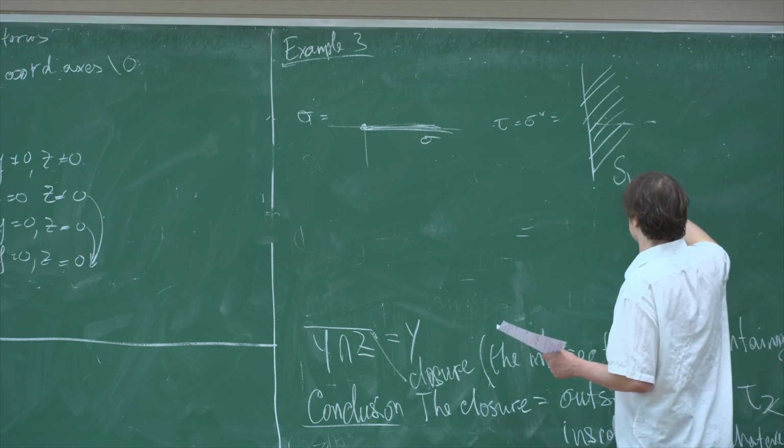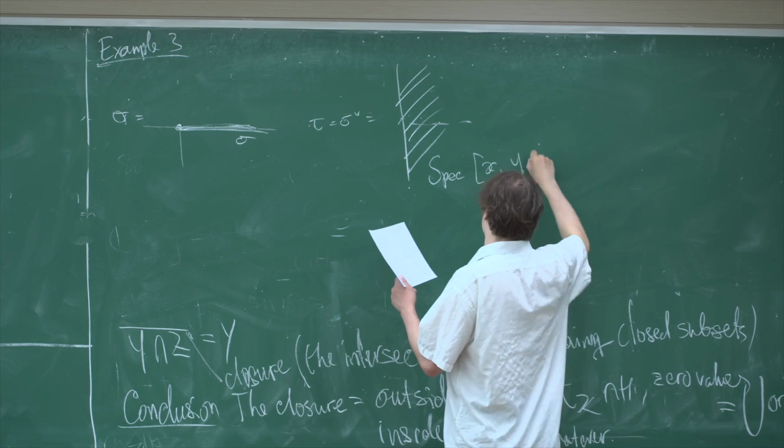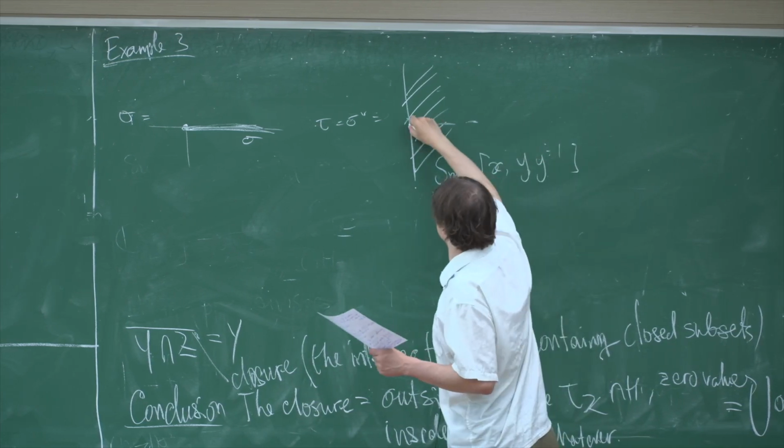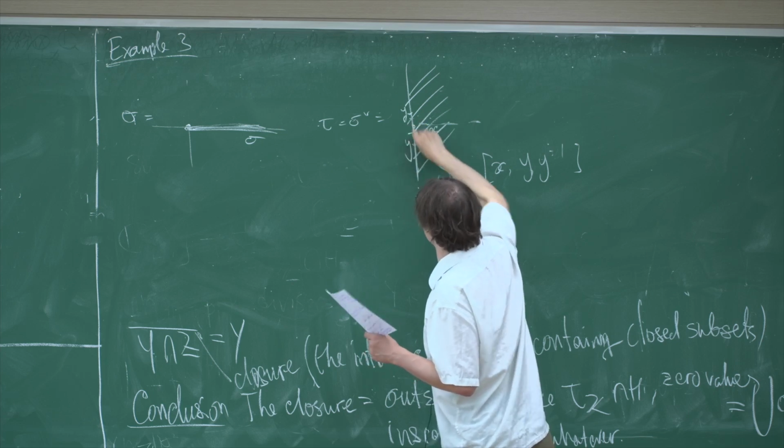So the variety is the spectrum of x, y, and y inverse.